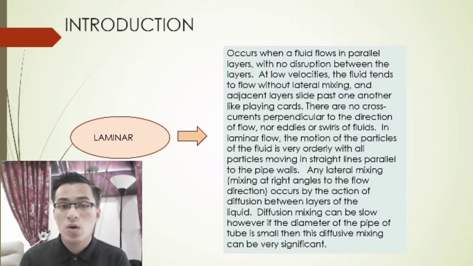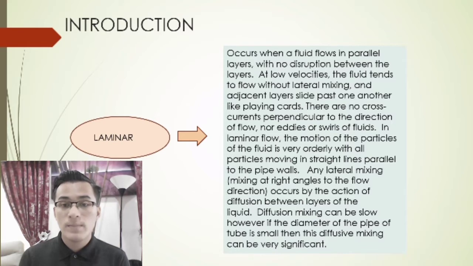There are no cross currents perpendicular to the direction of flow, or eddies or swirls of fluids. In laminar flow, the motion of the particles of the fluids is very orderly, with all particles moving in straight lines parallel to the pipe walls.